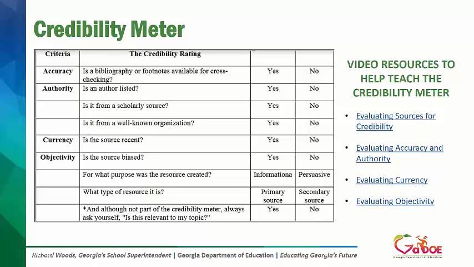These are great videos, and they're very short, so you can go ahead and show them to your students. Then they can use this little chart right here, and you can give them a couple of articles and see if they meet the credibility meter.